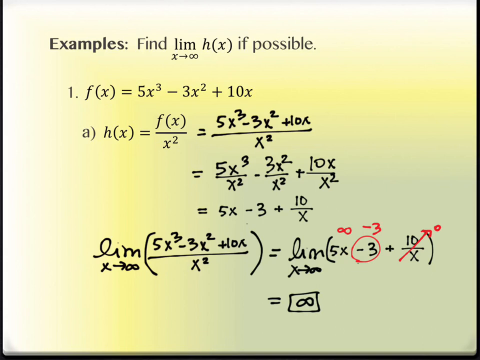And we'll verify this with our calculator too, just so that you can see it did what you expected it to do before we did any simplification. So I'm going to put in the 5x cubed minus 3x squared plus 10x, and it will divide by x squared.